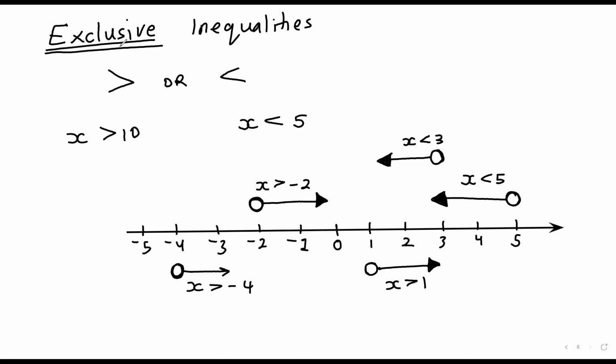Okay, so guys, if greater than or less than are called exclusive inequalities, what are greater than or equal to or less than or equal to called? What do you think they are called? Inclusive inequalities. That's right. It'll be inclusive inequality.